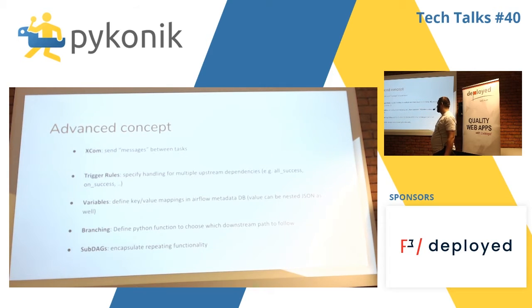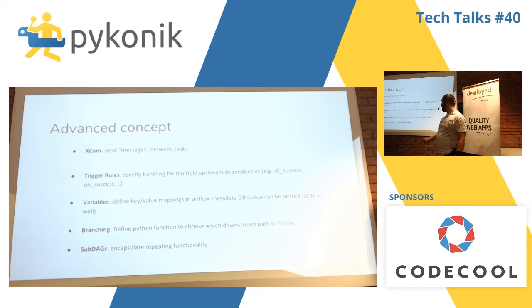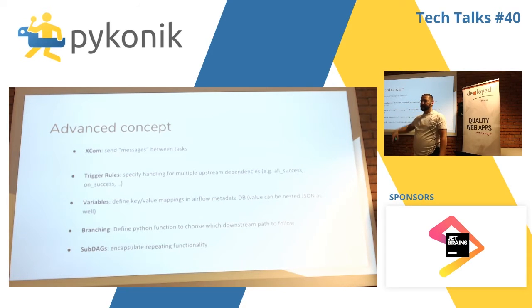You can define variables using the Redis database. You can do branching using a Python function. Moreover, you can create a sub-DAG. So you can create a DAG inside a task in the DAG.